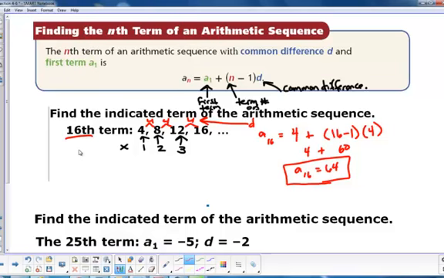If you want to think of this as a linear equation, 0 would give you 0. So our equation would be y equals 4x. And if you plug 16 in there, 4 times 16 is 64.